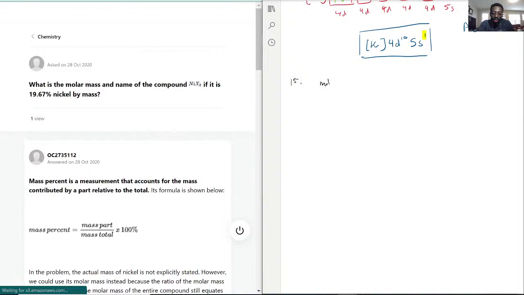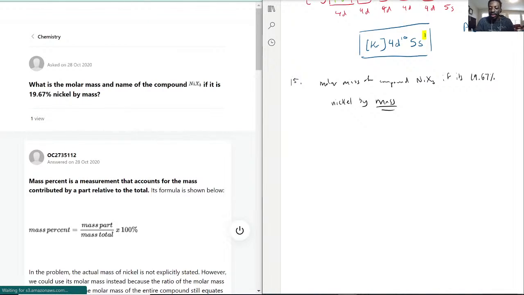So, molar mass of compound NiX3 if it's 19.67% nickel. Oh wow, that's a bad nickel. Can't even read that. Nickel by mass. Okay, that is very crucial.